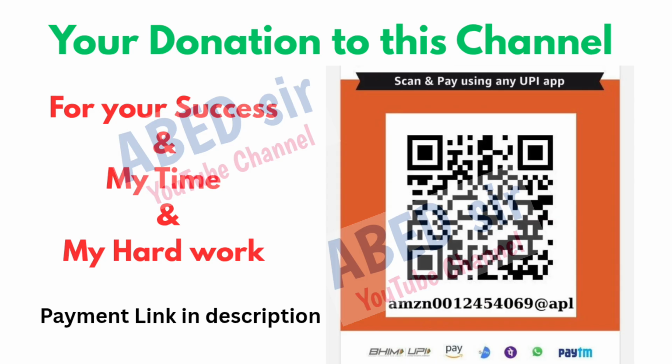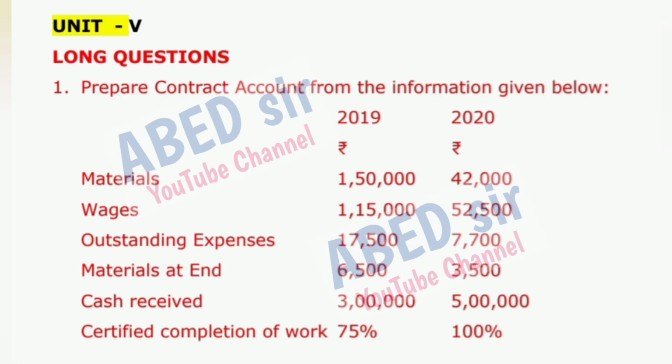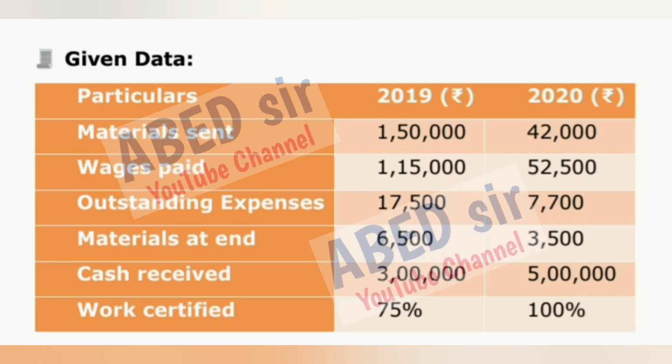First important problem is: prepare contract account from the information given below. Given data. Particulars 2019, 2020. Materials sent 1,50,000, 42,000. Wages paid 1,15,000, 52,500.